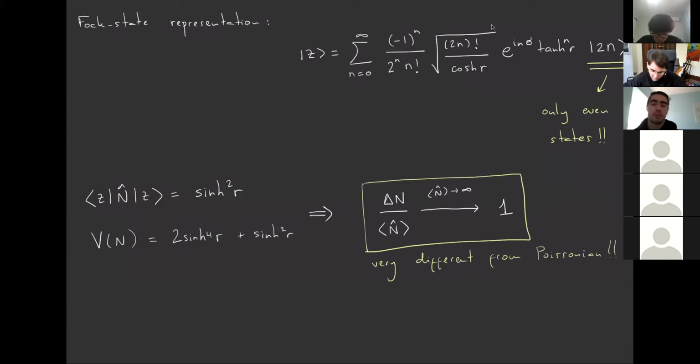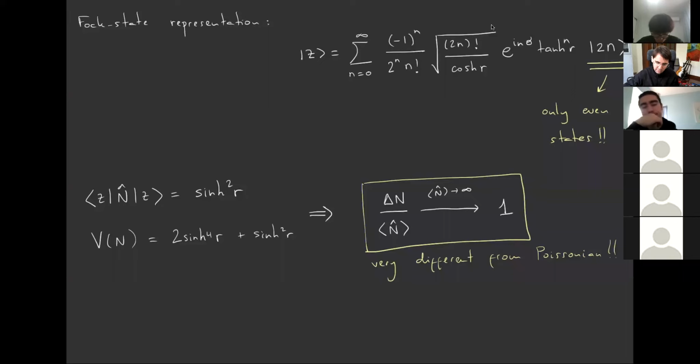Okay? And this is very important because this tells you that squeezed states and coherent states have very different properties. In particular, the signal to noise ratio that you would observe in experiments related to this kind of quantities doesn't go to classical, let's say.